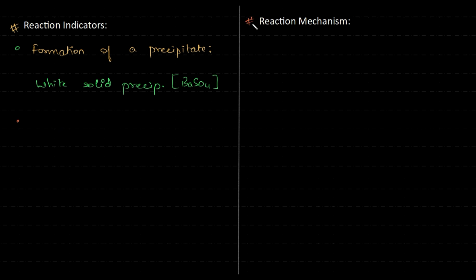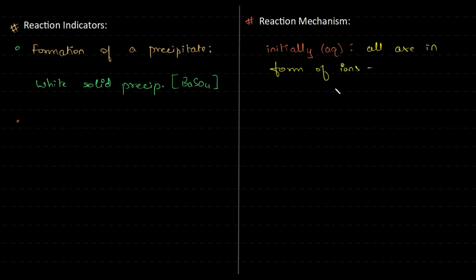Now, why does it happen? See, first thing is, since everything is in aqueous, right? Initially, everything is in aqueous. Because everything is in aqueous, all of them are in the form of ions. Water breaks them down.